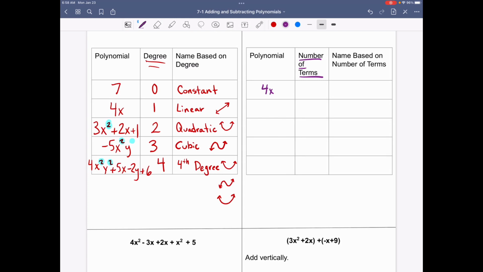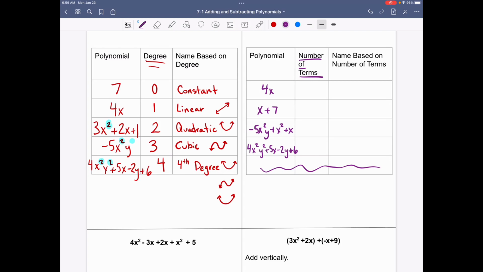We'll have 4x, x plus 7, negative 5x squared y plus x squared plus x, and 4x squared y squared, I think this is going to be the same one we had before, plus 5x minus 2y plus 6. And we actually don't need this last line in our table.